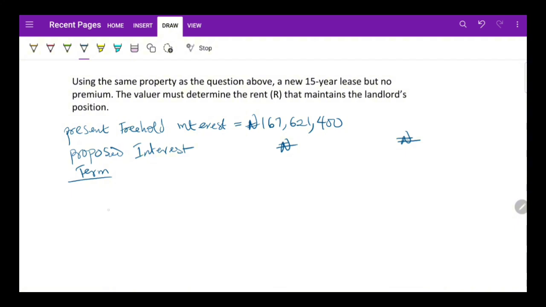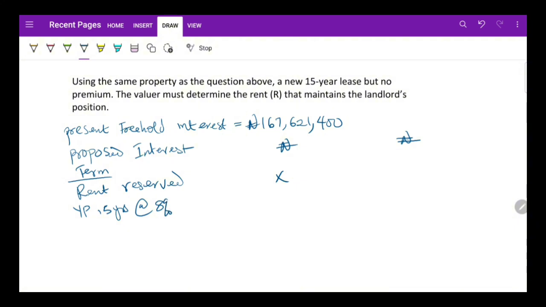Okay, so for the proposed interest, we're looking for the term, we're looking for the rent reserved. That is what this question is about, so we don't know what it is, so we're going to put an X here. Okay, then we're going to capitalize that by YP 15 years at 8%.